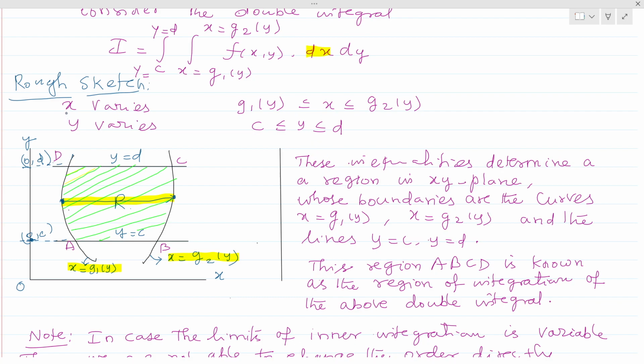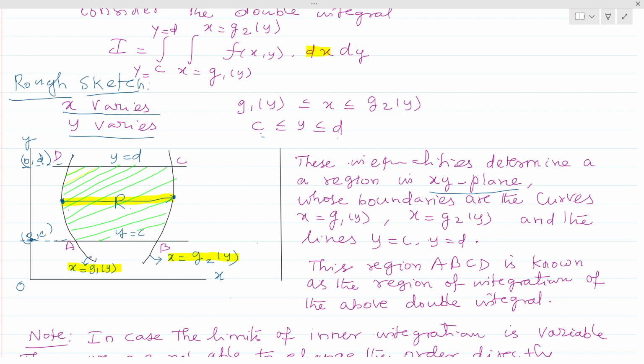So here x varies from g1 of y to g2 of y, and y varies from c to d. These inequalities determine a region in the xy plane, which contains the x and y coordinates.